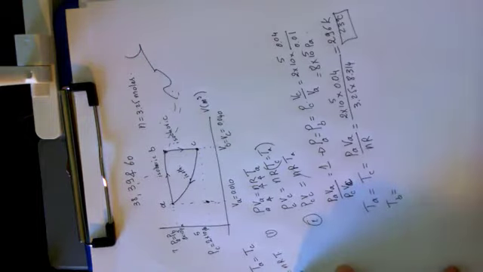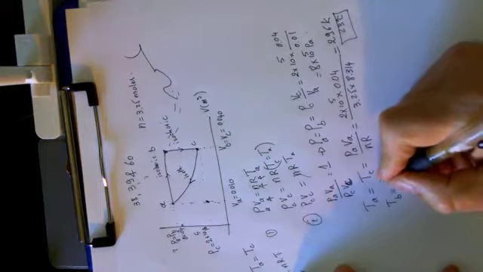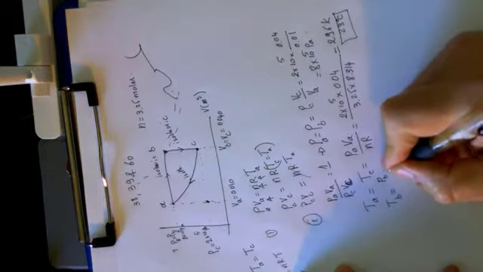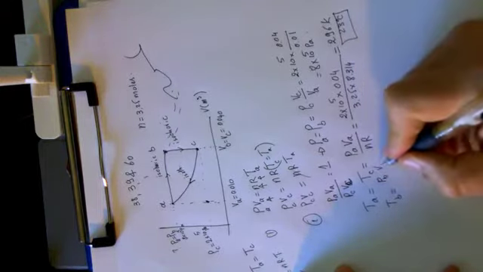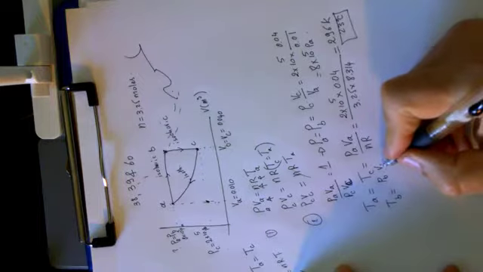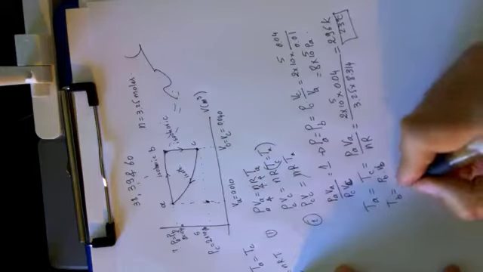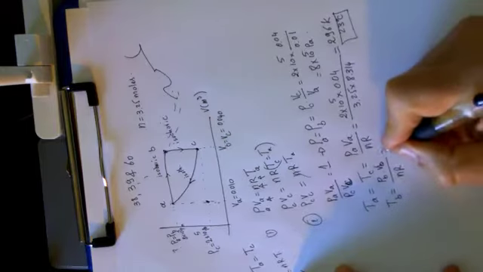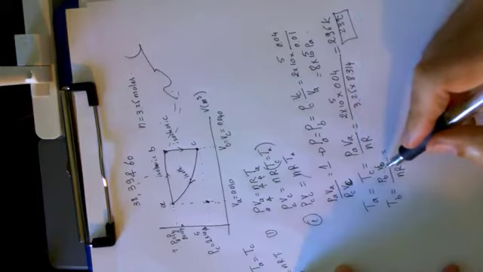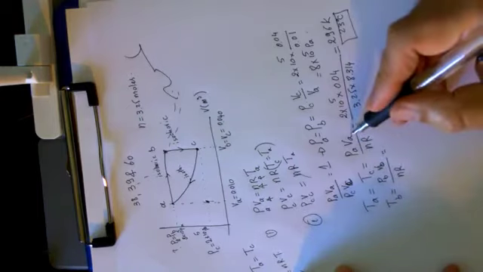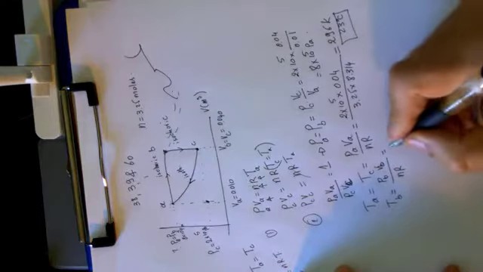So let's find TB. It's going to be PB times VB, divided by NR. The volume is the same as VA, and the pressure is 4 times as much, so we should find it 4 times as much.